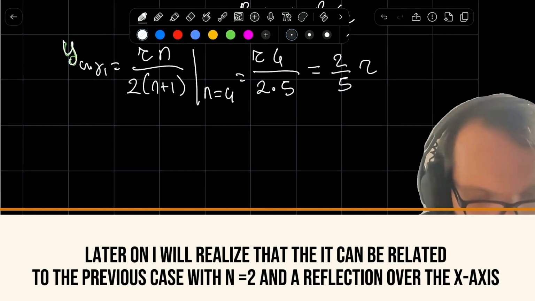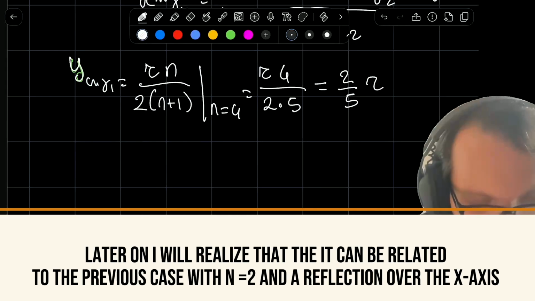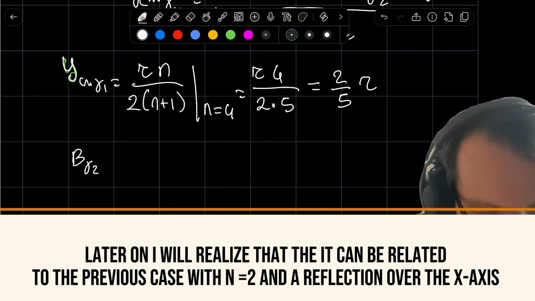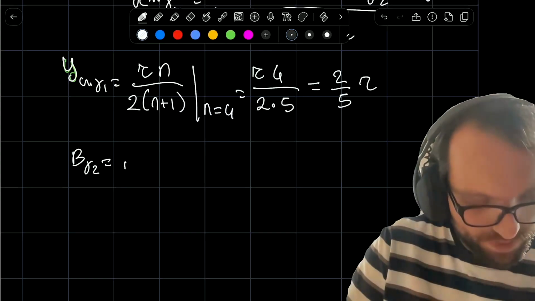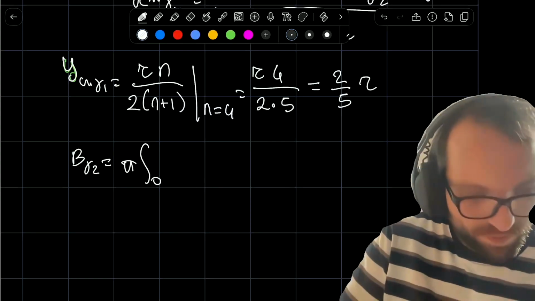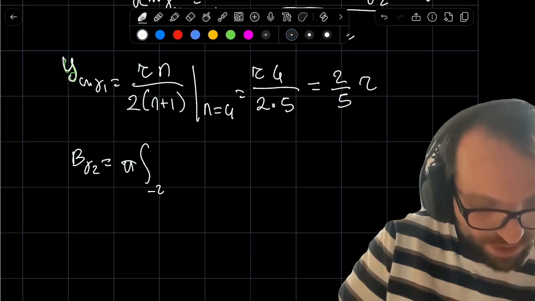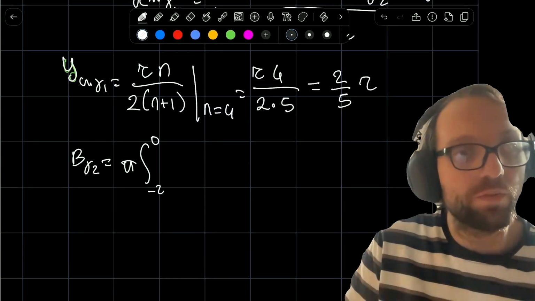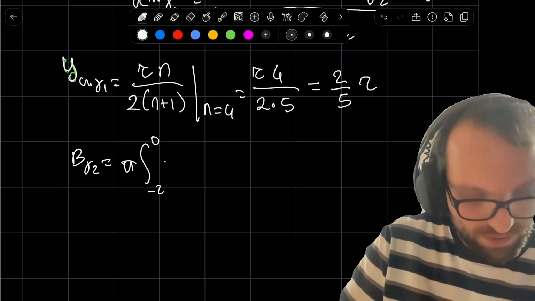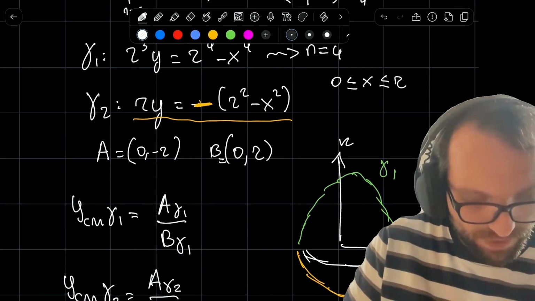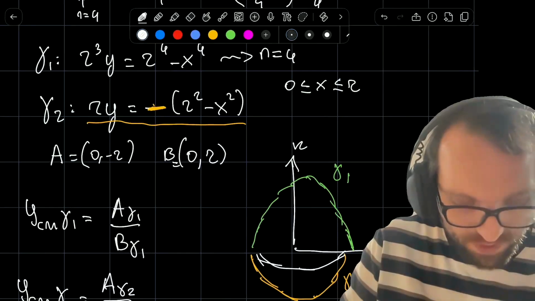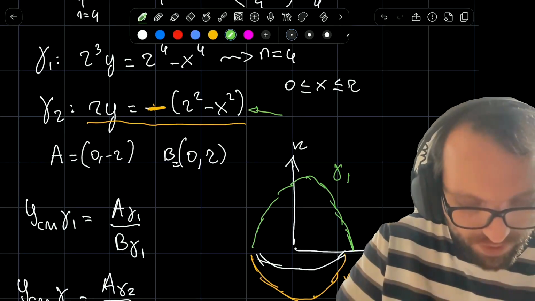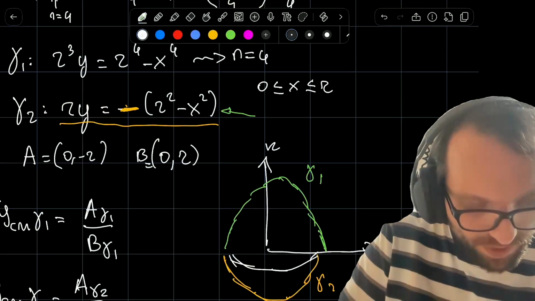So let's calculate B of gamma 2, which is pi integral from minus R to 0, because now it goes from minus R to 0, of, let's write this expression here as a function of y.